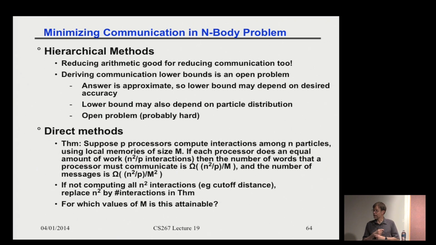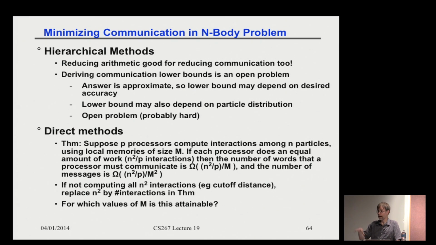And this theorem says the answer is yes, there's a lower bound, and yes, we can attain it. So here's what it says. Suppose I have p processors, and I'll keep it simple first. I'll say all interactions, so I'm going to do n squared interactions. And each processor has some local memory. If you remember when I did linear algebra, the lower bound depended on how much memory you had.